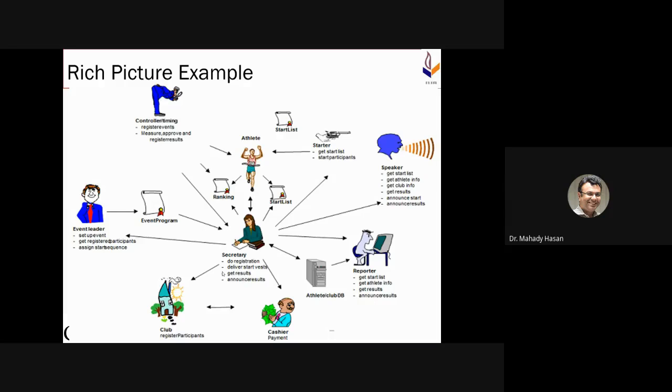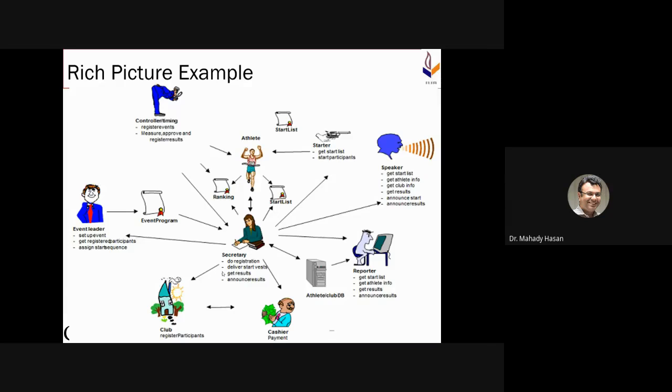However, this rich picture is not wrong. Why not wrong? Because you see, on the right side, we have a role called speaker, and you can see there are 6 activities of the speaker: get start list, get athletic info, get club info, get results, announce start, and announce result. So we know what the activities of the speaker are, but how those activities are connected with which arrow is not clear.